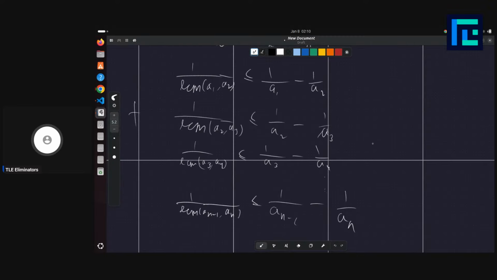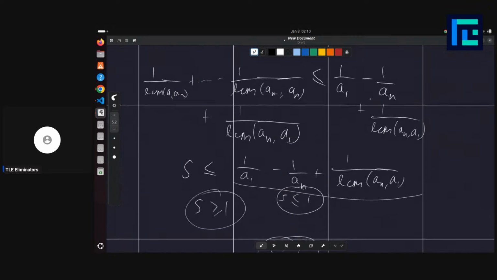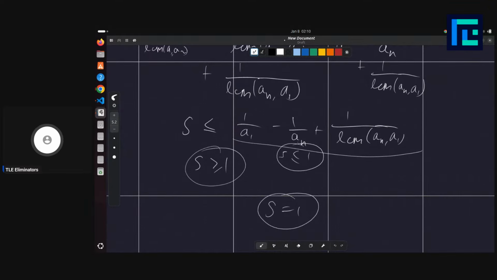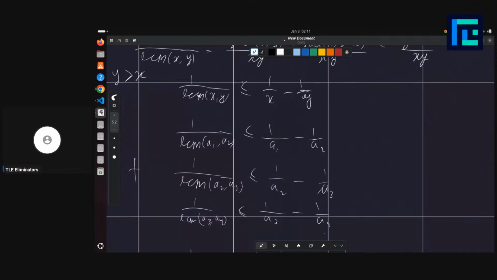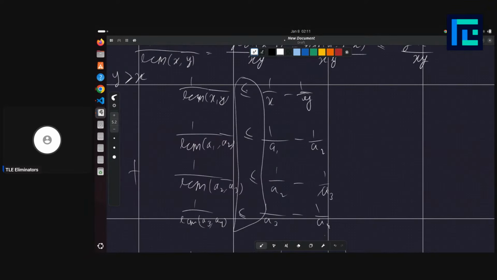But now I want it to be equal to that, right? Here I proved that the sum is less than equal to 1, but actually I want the sum exactly equal to 1. So that can only happen if all of these inequalities are equalities, not inequalities.